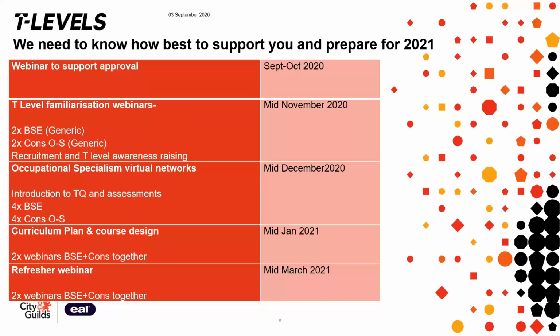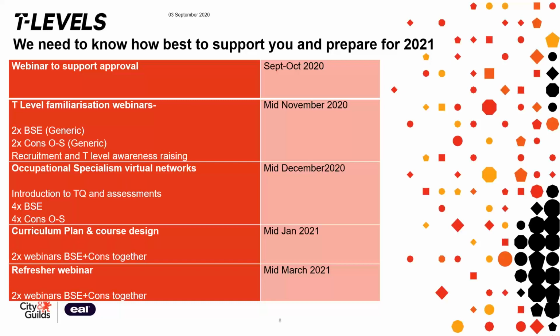As well as that, we are looking to host a remote forum as well, possibly on smart screen, like some of the smart screen forums we've got at the moment. If we could get one for T-levels, that would give you a chance to ask questions, but also to share material. Where we're looking at this new industry engagement and industry placement, how are centres dealing with it? Let's share good practice and let's share materials.